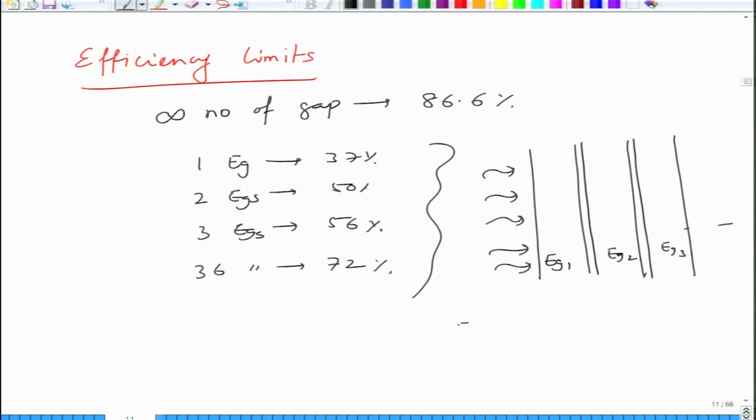So EG1 is greater than EG2 is greater than EG3, and so on. So basically you are putting the highest band gap on top and the lowest band gap at the bottom, so that short wavelengths are absorbed on the top and longer wavelengths are absorbed at the bottom.